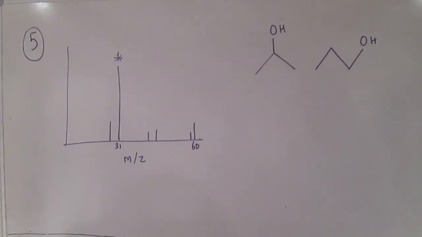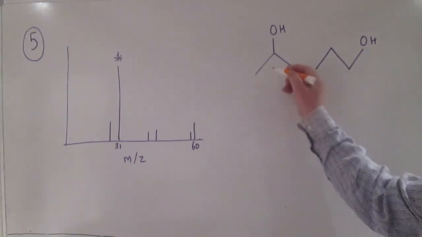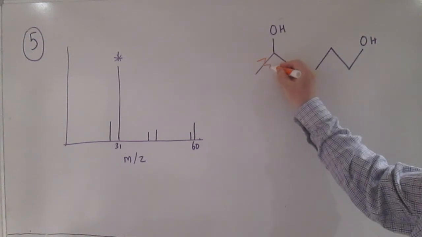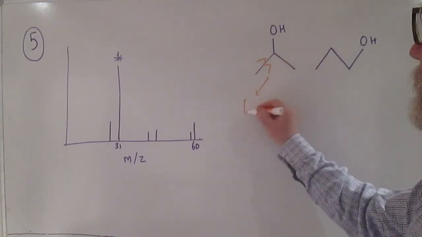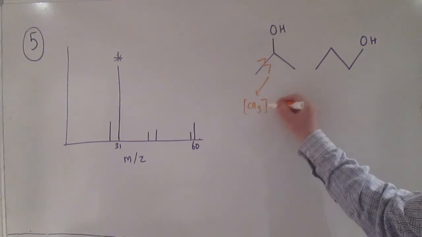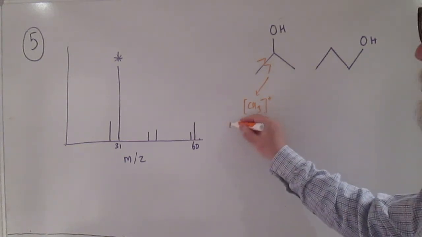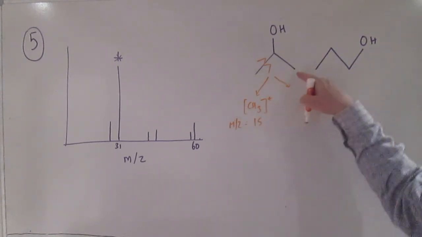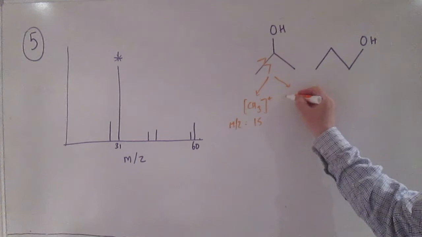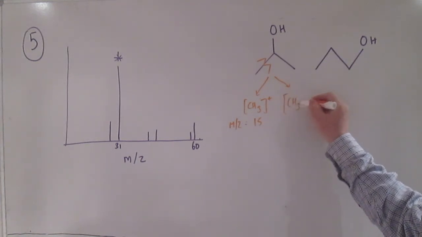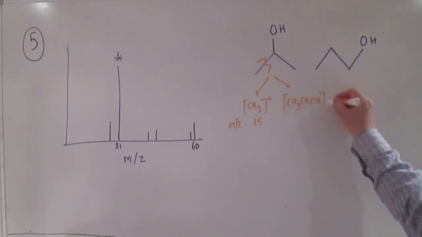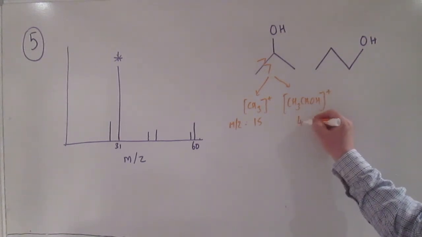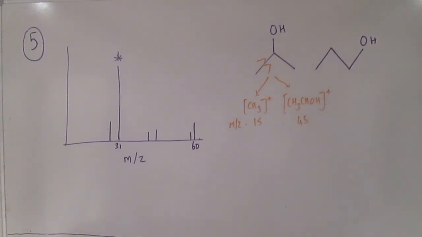So again, we can do that just by going through and looking at what fragmentations we might get. So if we do that for this one, if you break it here, that could give you CH3 plus, which would give you an M over Z of 15, or it could give you CH3CHOH plus, which would give you an M over Z of 45.